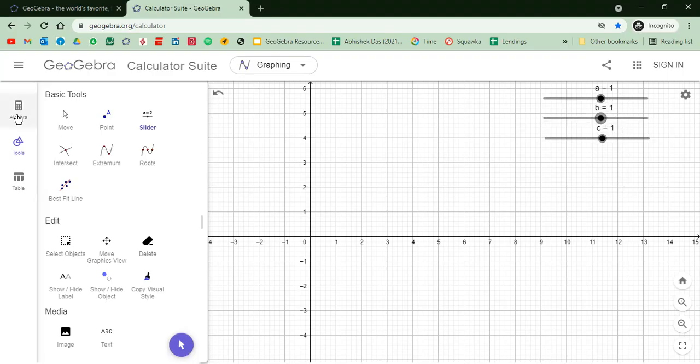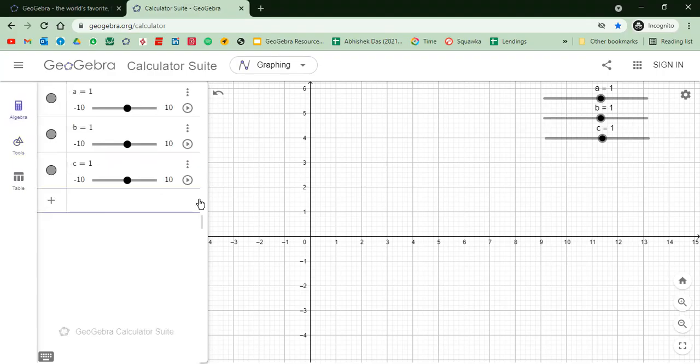Now going back to this text box, let me write ax plus by plus c equal to 0. As you can see, the values of a, b, and c are 1, 1, and 1 respectively.